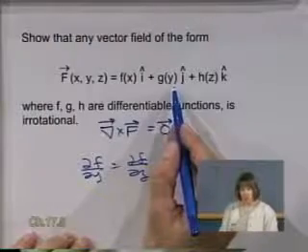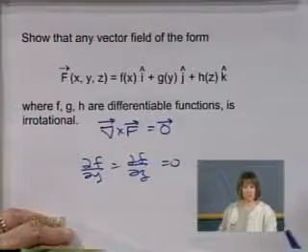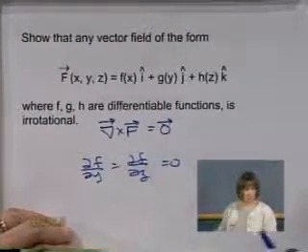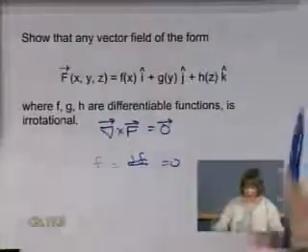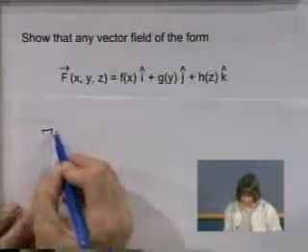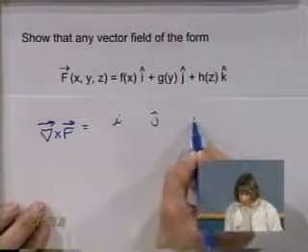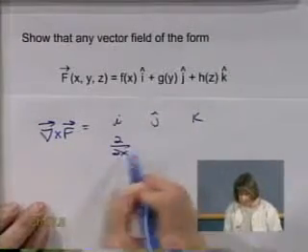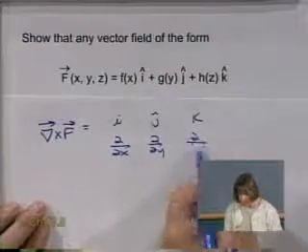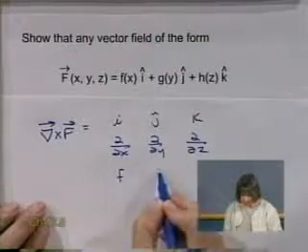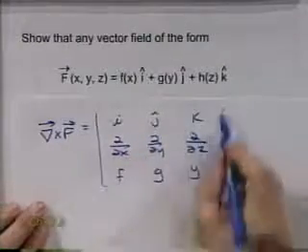G is totally a function of y. So what's the partial of g with respect to x? 0. With respect to z, 0. So if I go to do my del cross F here, I go, oh, i, j, k, partial with respect to x, partial with respect to y, partial with respect to z, f, g, and h.